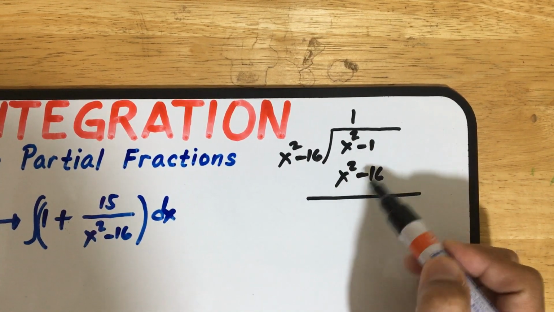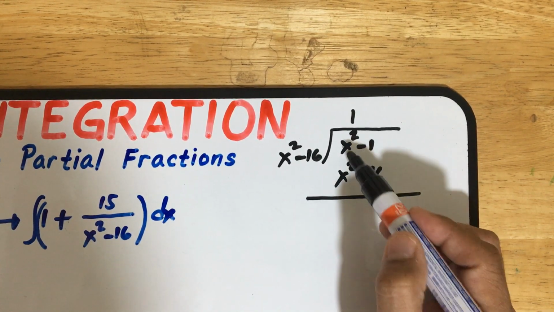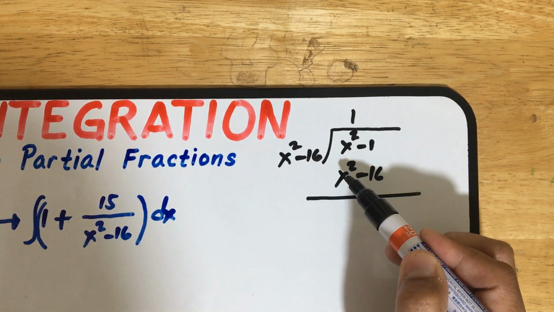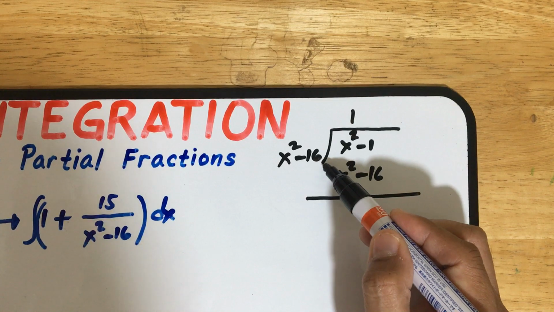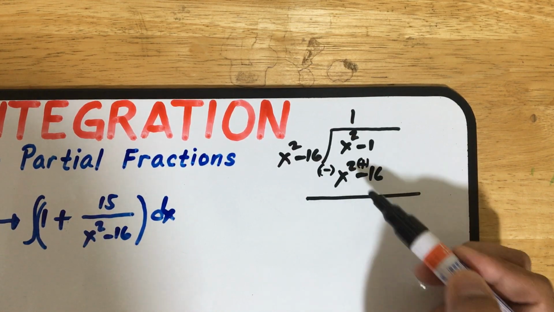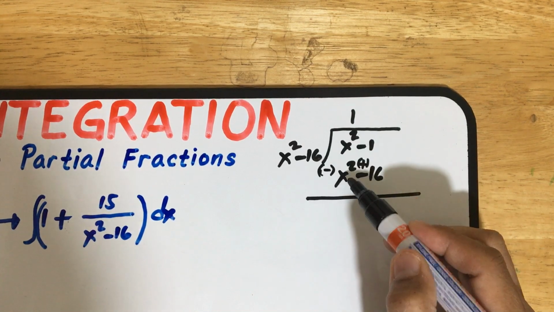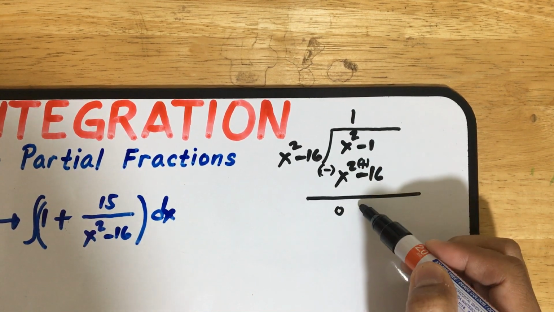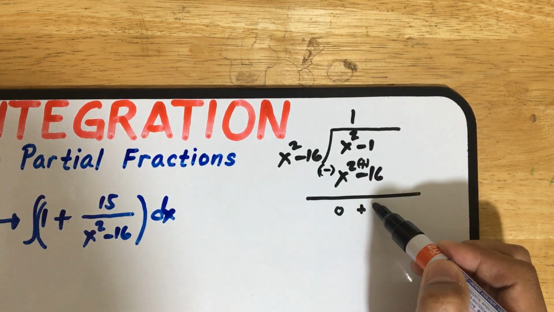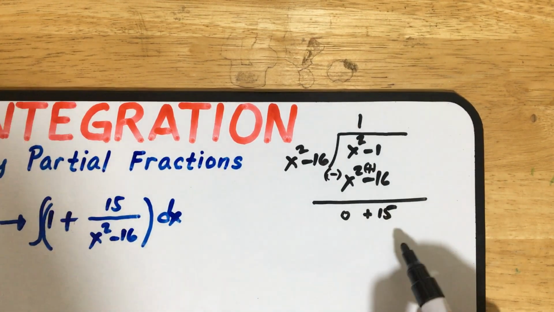And then the process here is that you have to subtract this expression by this expression. When you subtract, the sign here becomes positive. We have x squared minus x squared is 0, then minus times minus is plus, so this is plus 15. That's why we have here 15.